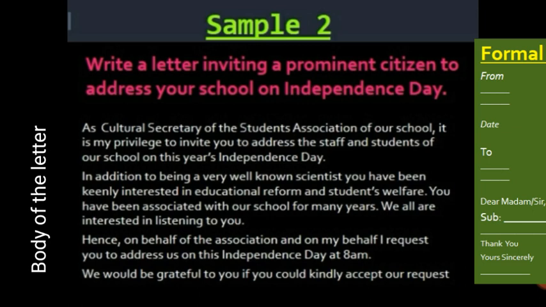As Cultural Secretary of the Students Association of our school, it is my privilege to invite you to address the staff and students of our school on this year's Independence Day. In addition to being a very well-known scientist, you have been keenly interested in educational reform and students' welfare. You have been associated with our school for many years.